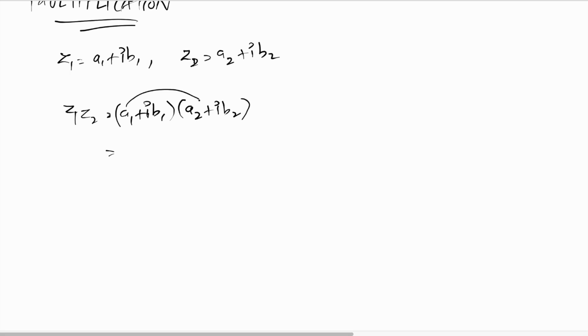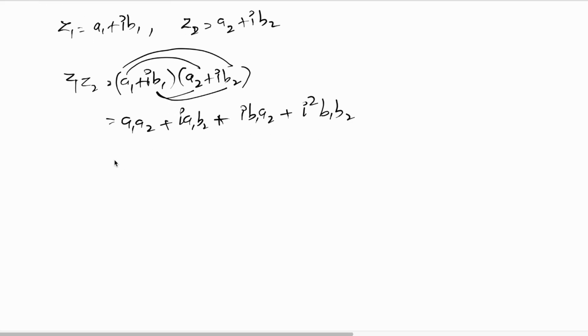I'll have to multiply a1 with both the terms in the second bracket. Similarly, ib1 with both the terms in the second bracket. So that gives me in total 4 terms: a1 a2 plus i times a1 b2 plus i b1 a2 plus i squared times b1 b2.